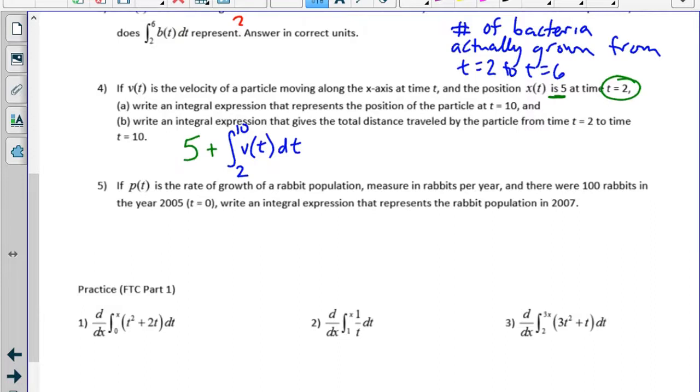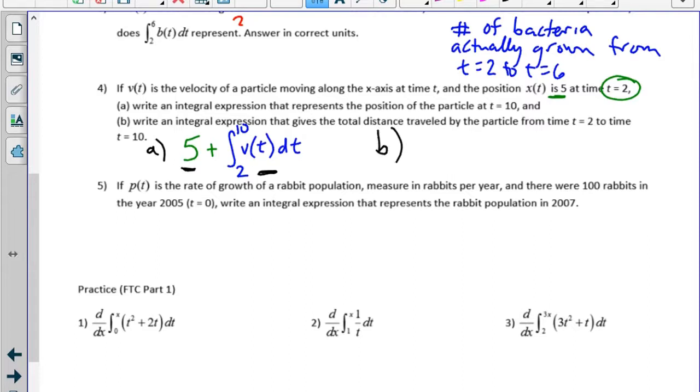That gives us the answer for part A. So again, 5 is where we started, and then we add the integral from 2 to 10, v of t dt, that gives us the net change. So this is where we start, and then this is the net change, so that gives us where we ended.